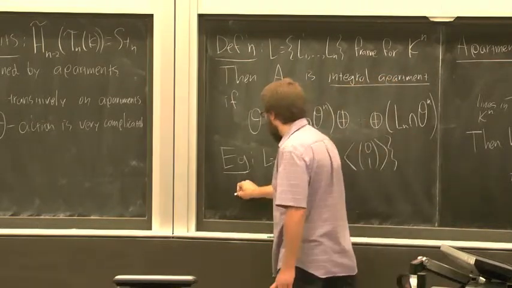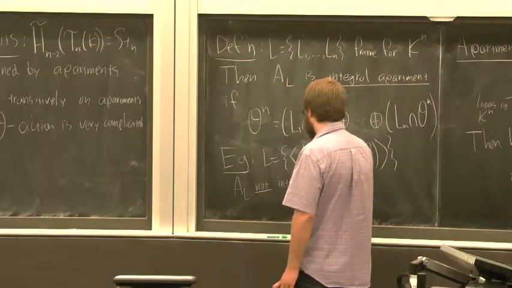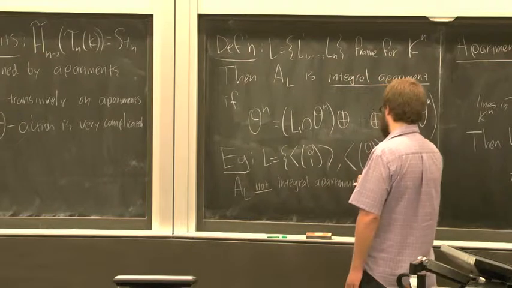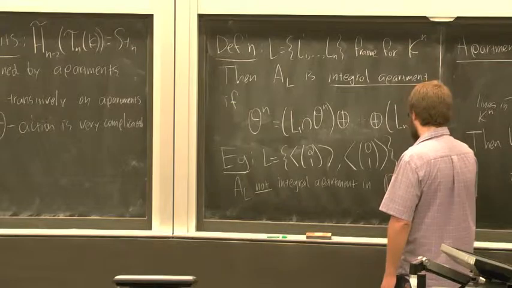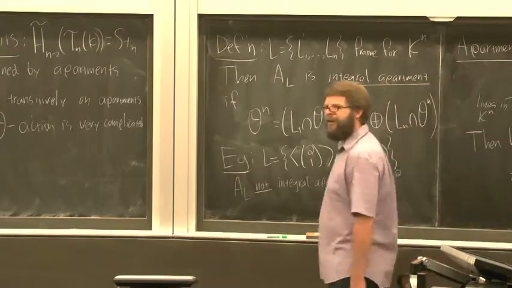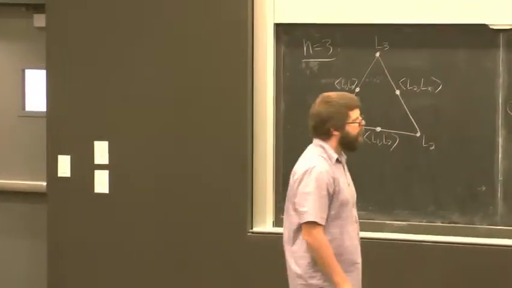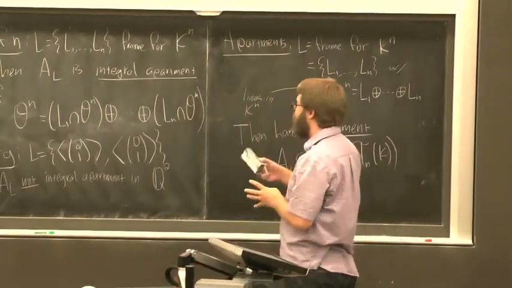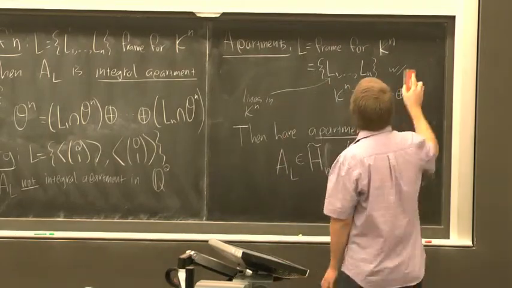Then A_L is not an integral apartment, because their direct sum is not all of Z^2, it should be Q^2. Okay? So that's the sort of thing that goes wrong there. So our main theorem is that under the assumptions of theorem 2, the Steinberg module is generated by these integral apartments.